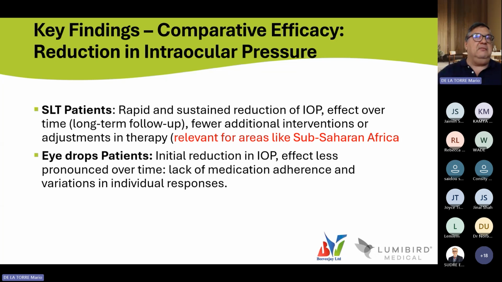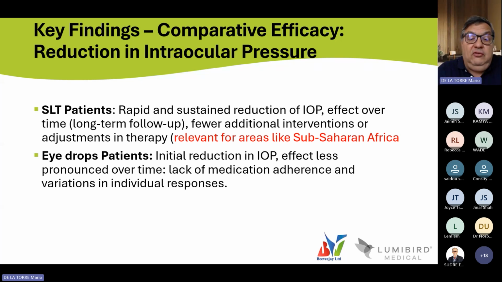In my hands, for example, I have patients that have 3 years or 4 years without repetition of treatment. And that is very relevant for areas like Sub-Saharan Africa. Your patient will be safe for 1, 2, or 3 years. It all depends on the reaction, the immune response of the patient.